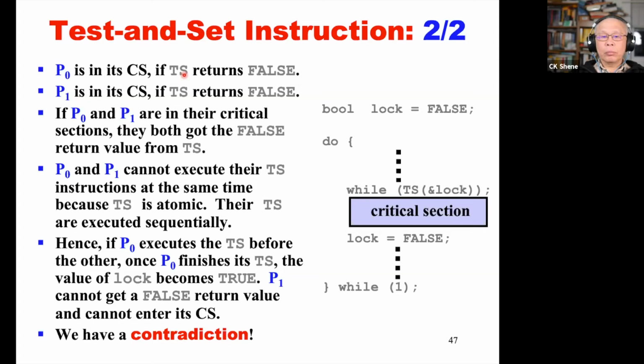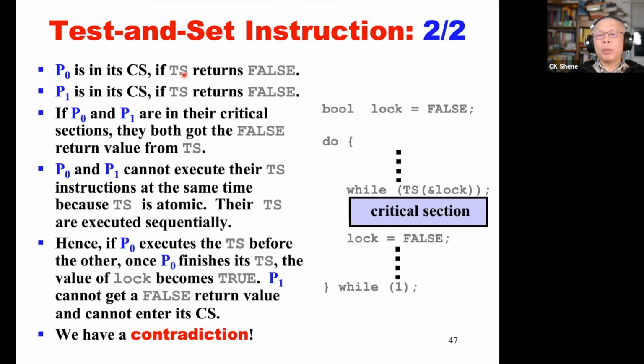Therefore, we have a contradiction. In other words, P0 and P1 cannot get false return from the TS instruction at the same time. As a result, mutual exclusion is established for P0, P1.